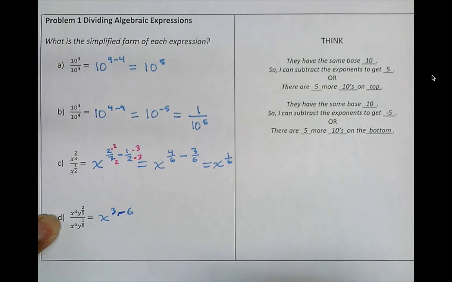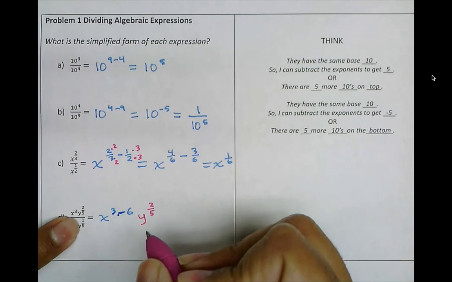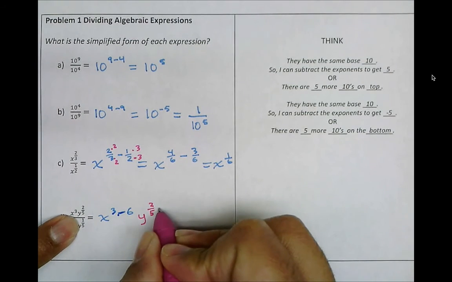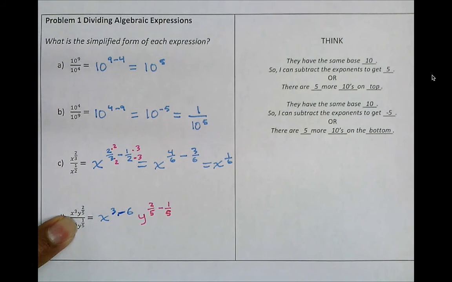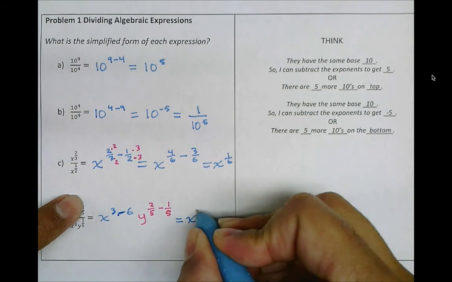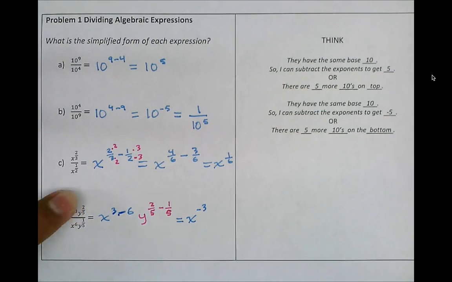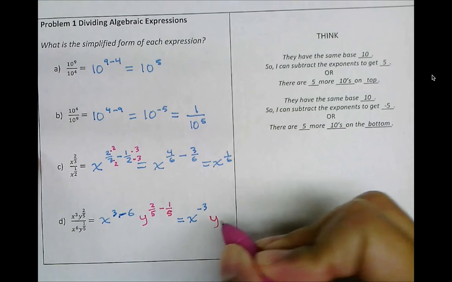And secondly, we have y to the power of 2/5 divided by y to the power of 1/5, which means we're subtracting these exponents. x to the power of 3 minus 6 becomes x to the power of negative 3. And here, 2/5 minus 1/5 is 1/5.